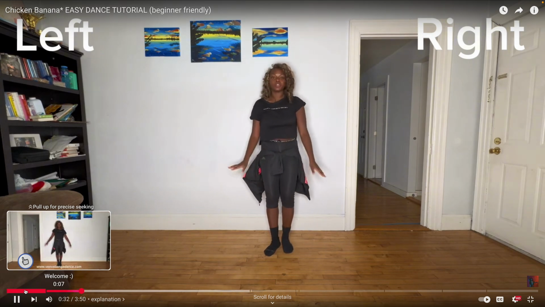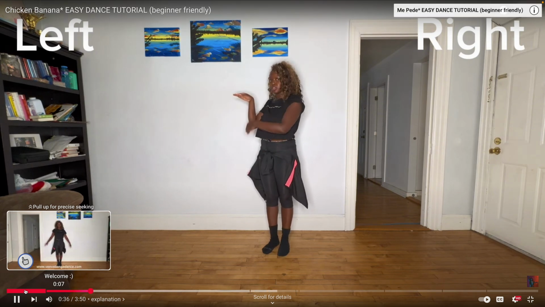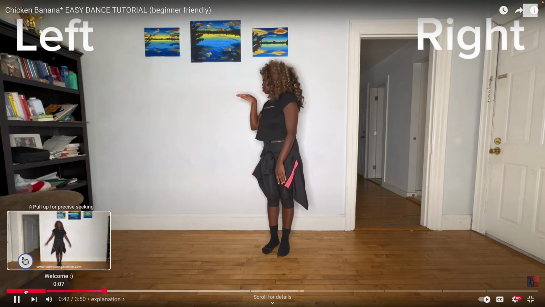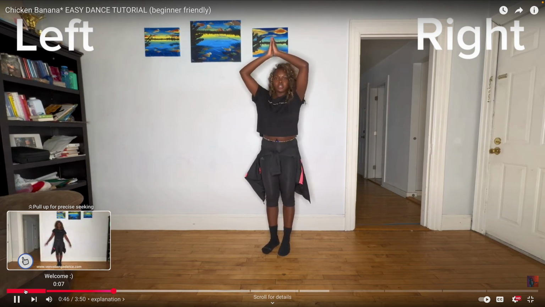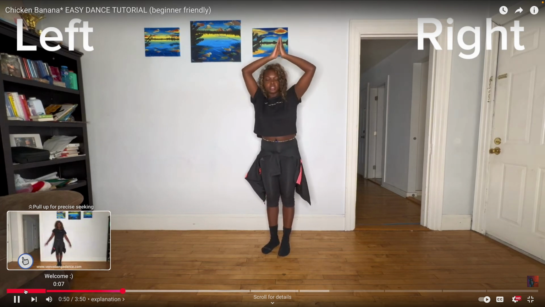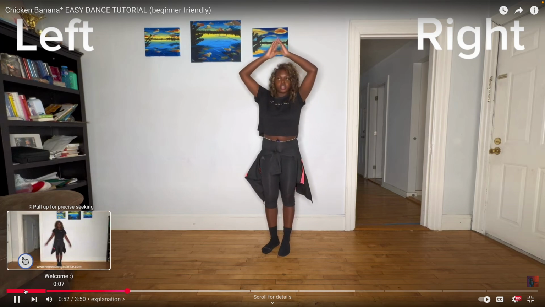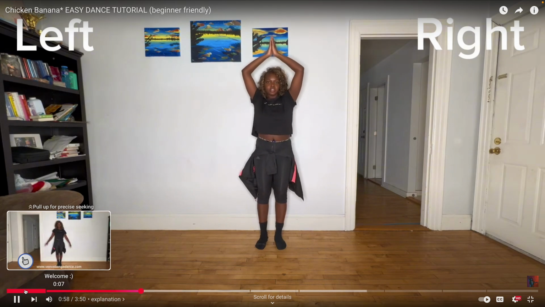Let's break it down. So for chicken, your hand just kind of goes out like this. I'm making this, little yeah. You got it? 1, 2. So it's like your head and your hand go at the same time. 1, 2, T, T, T. 1, 2, T, T, T. 1, 2, T, T, T. T, T, T. T, T, T. And for this, hands stay together. So you want to really try to isolate just that head. T, T, I can't T. do that. T, T, T. T, T, T. Yeah?